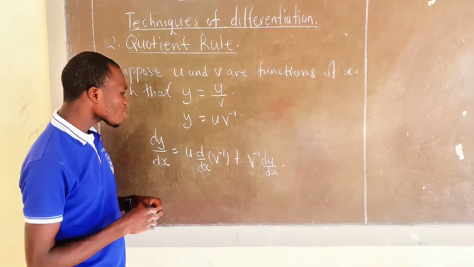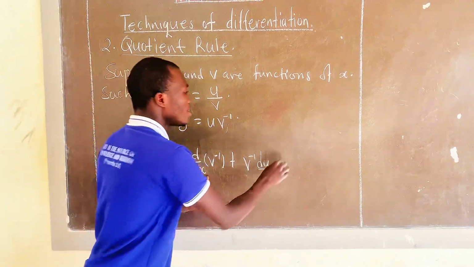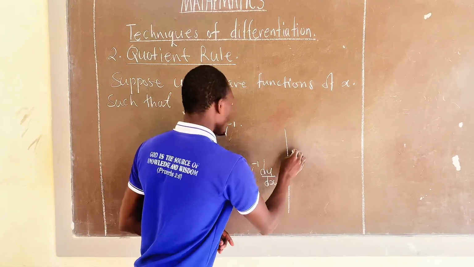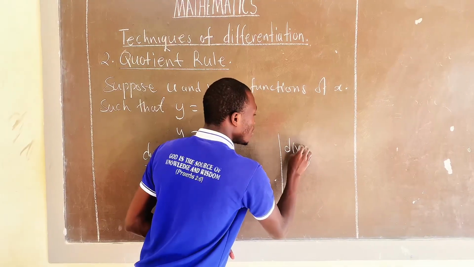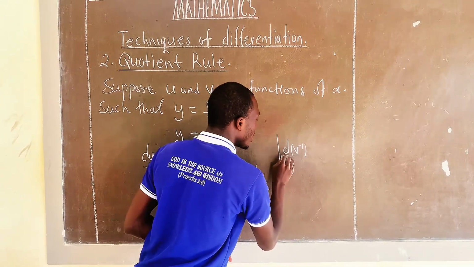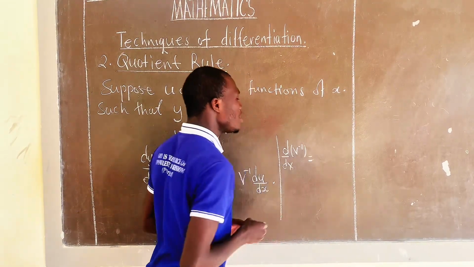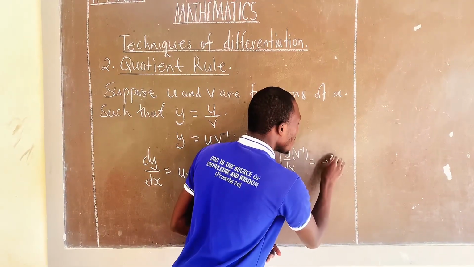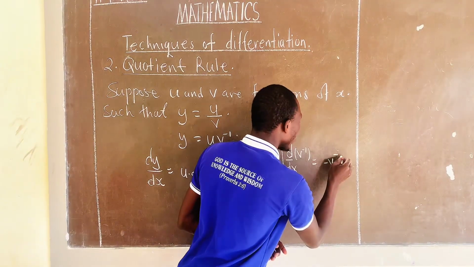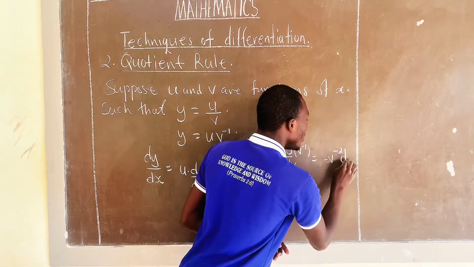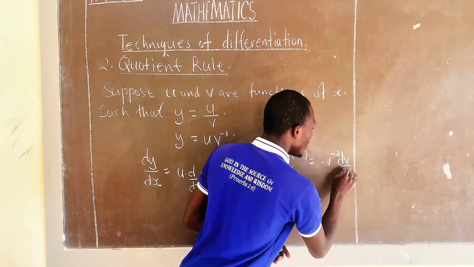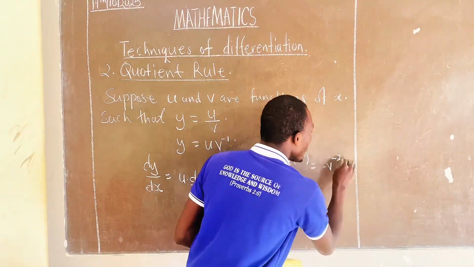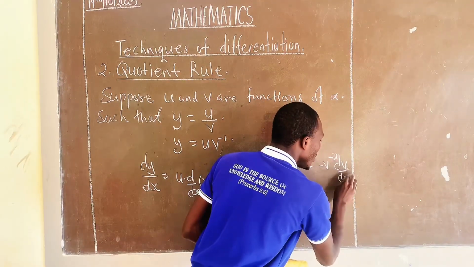So from here, we shall apply a little bit of chain rule on this part, whereby the derivative of v to power negative 1 with respect to x will be the same as, when we differentiate this, we shall have negative v to power negative 2 dv dx.